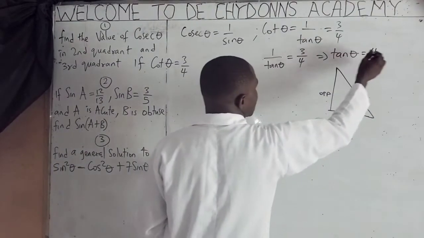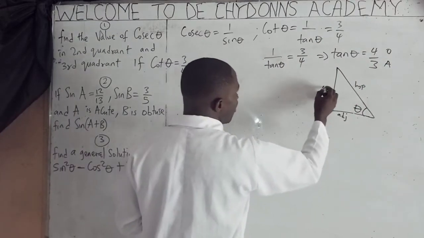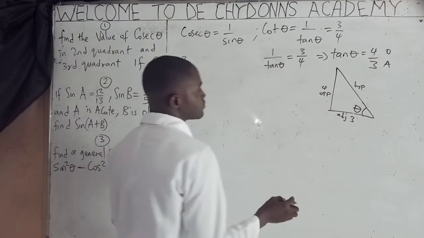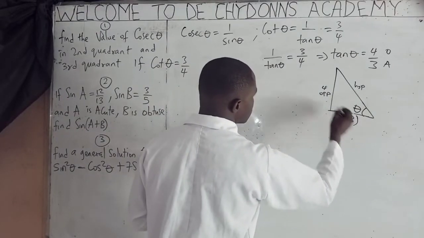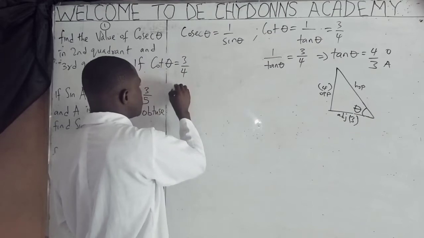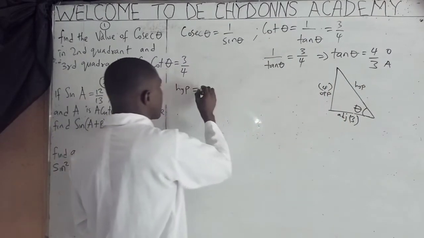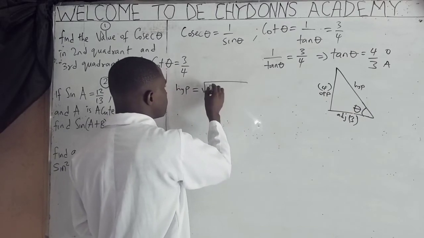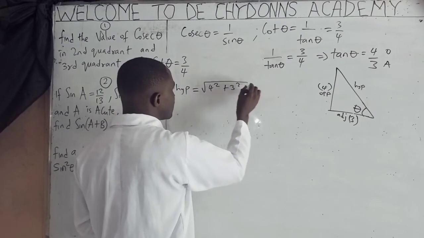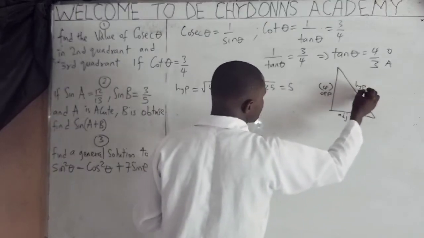Then tan means opposite over adjacent, so 4/3. What will be the hypotenuse? From Pythagoras theorem, the square root of 4 squared plus 3 squared, that is 16 plus 9, equals 25, which gives 5. So here is 5.